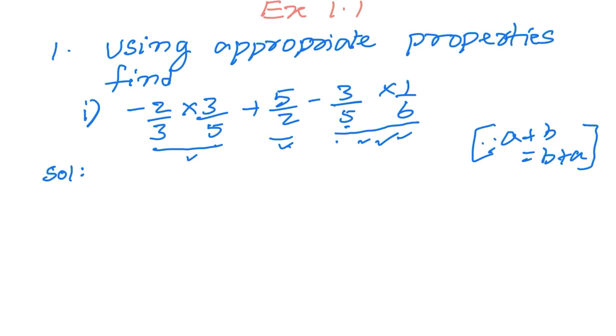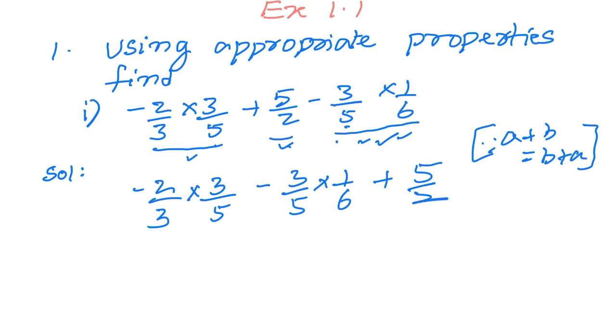Now let us write minus 2 by 3 into 3 by 5 minus 3 by 5 into 1 by 6 plus 5 by 2. Here you see these two terms are exchanged using commutative property. Now, in this one and in this one, what is the common? 3 by 5 is the common one.